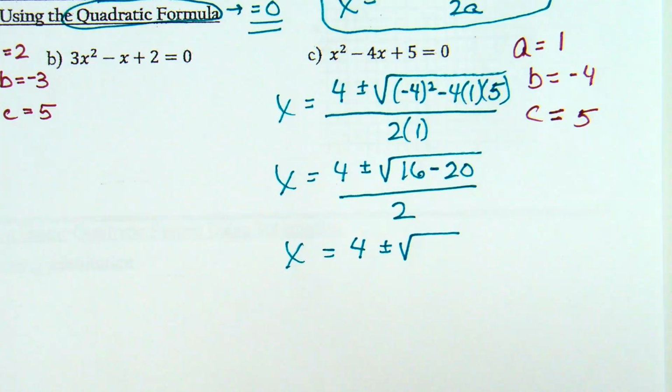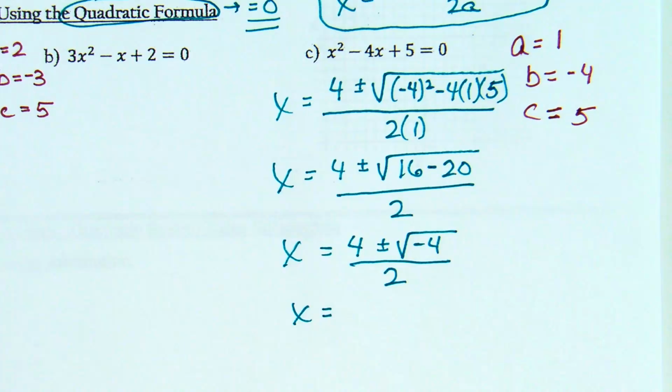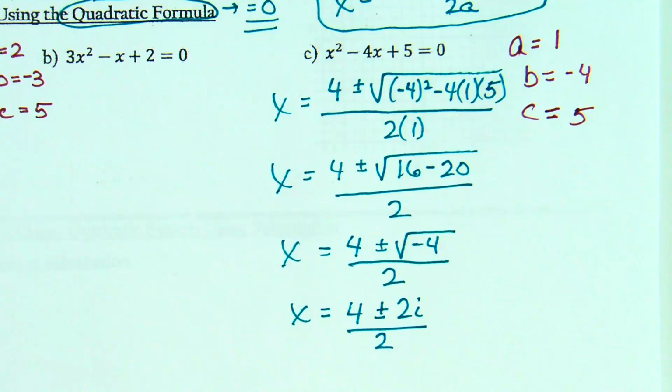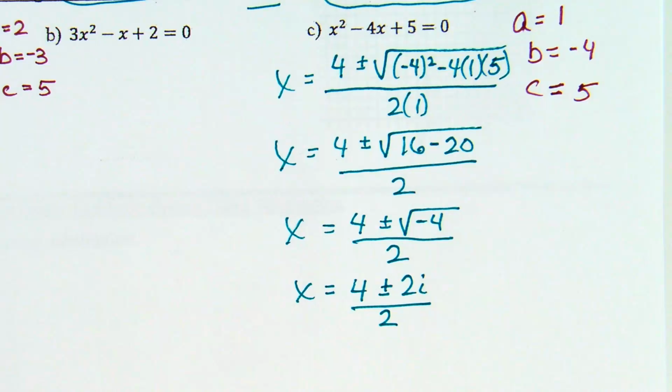Separate that negative. Okay. What do you know about the square root of -4? The square root of the negative is I. The square root of 4 is 2. So I'm going to write this as 4 plus or minus 2I all over 2. Divide by 2.